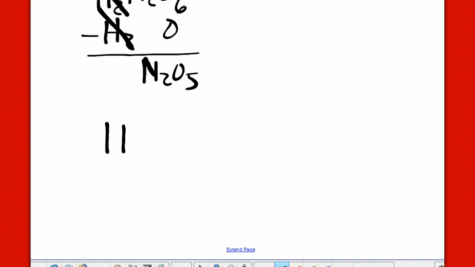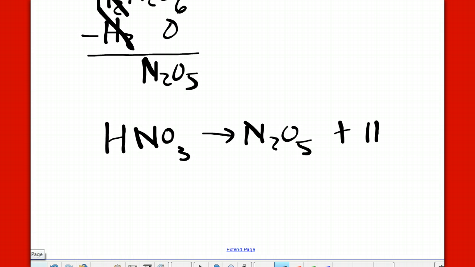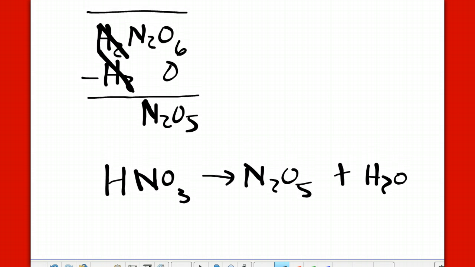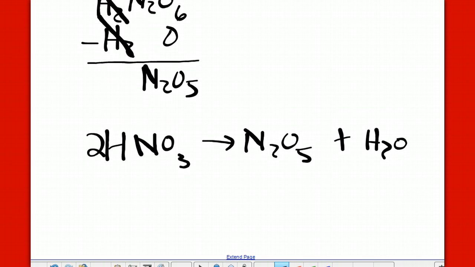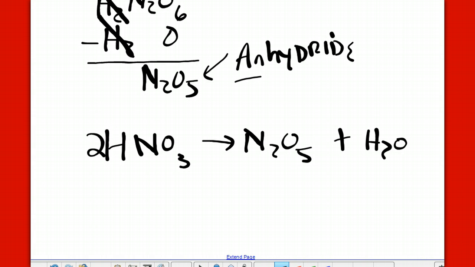So you're going to say that nitric acid splits into N2O5 plus water. And if you noticed, when we did this, we used 2 nitric acids, so that's how we balance it. Dinitrogen pentoxide is said to be the anhydride of nitric acid. Anhydride means without water.